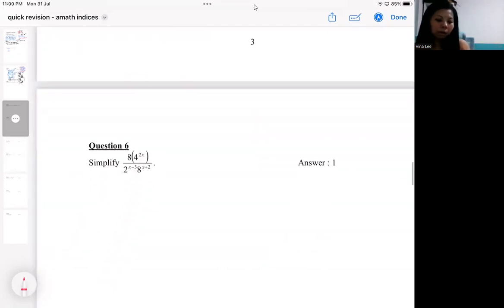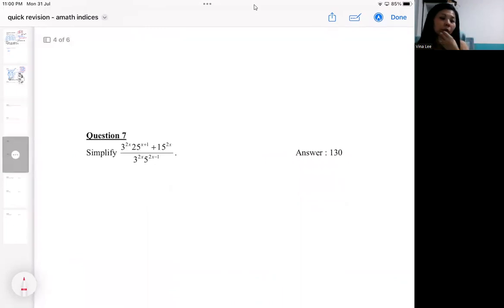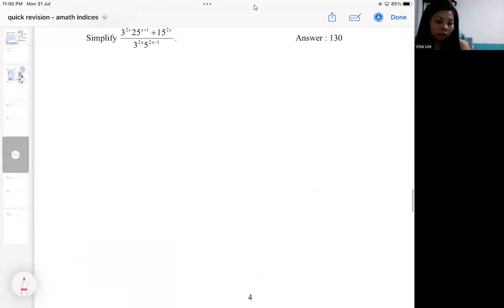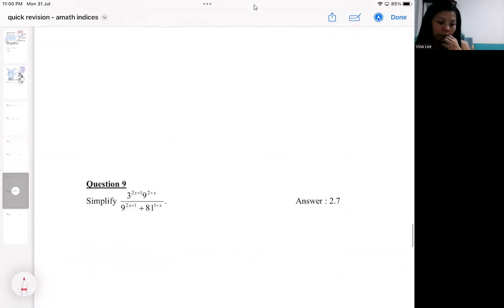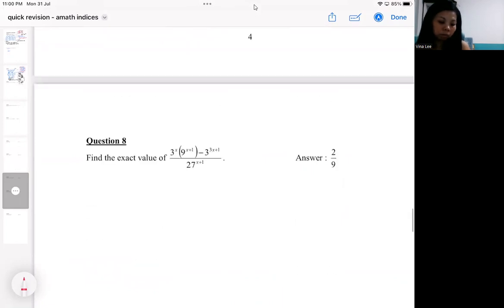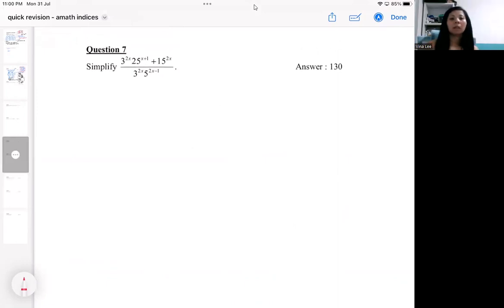Okay, and then there's also some other kind of question that will also use the reverse of the indices. So I'm going to give you an example for question 7. For the same thing, you need to split the power. If there's an addition in the power, you need to split.